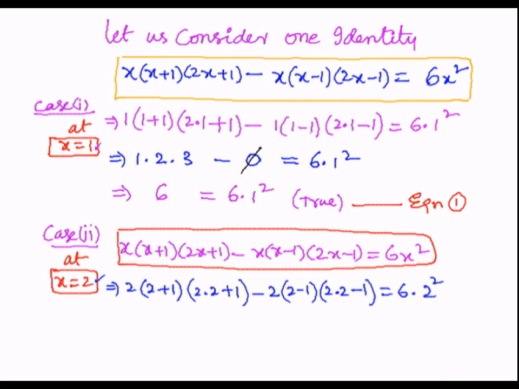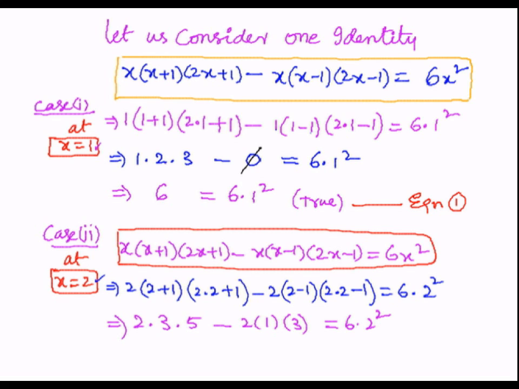So that implies 2 into 2 plus 1 is 3, into 2 2's is 4, 4 plus 1 is 5. Then minus 2 into 2 minus 1 is 1, into 2 2's is 4, 4 minus 1 is 3, equals 6 into 2 square.